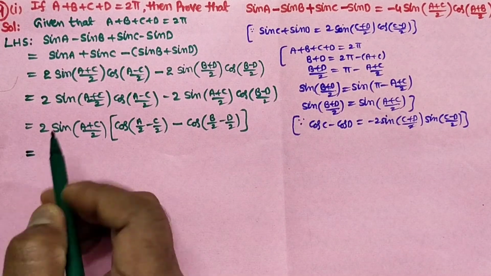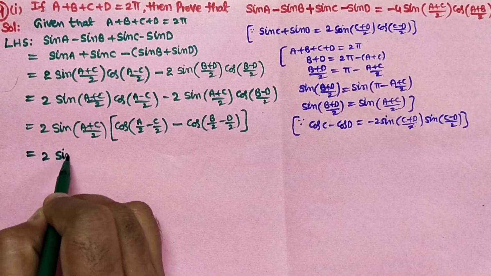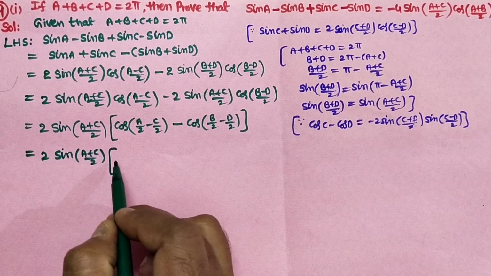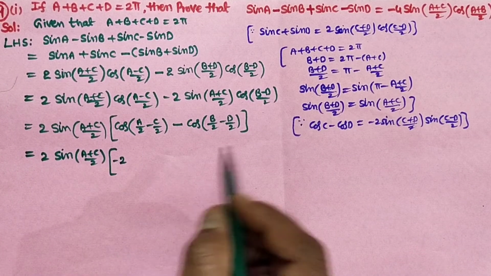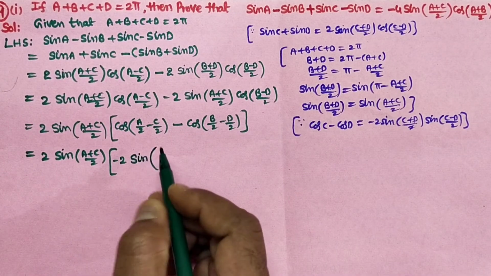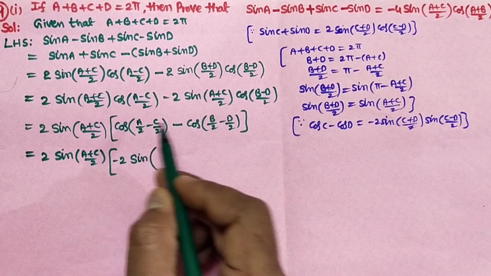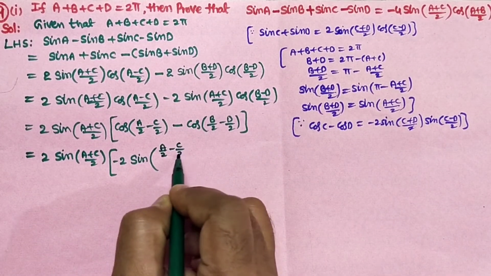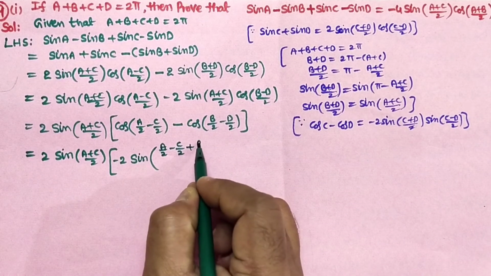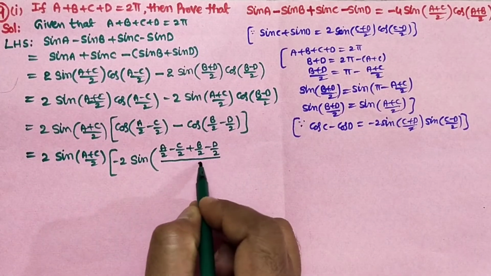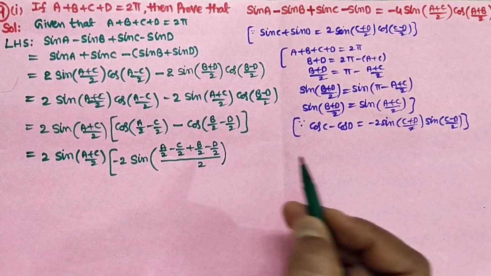Which is equal to 2 into sin of (a plus c)/2 minus 2 into sin (c plus d)/2, where this is completely c and this is completely d. So (a/2 minus c/2 plus b/2 minus d/2) whole divided by 2. C plus d by 2 is over.